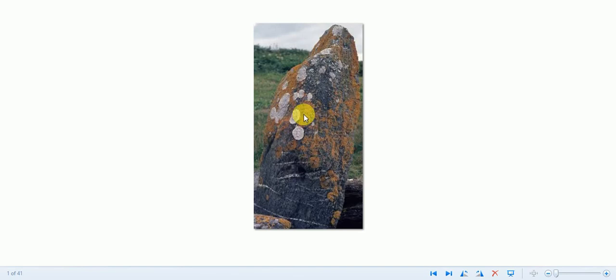These algae and mosses release some kind of acids, and this acid will attack the rock, leading to chemical changes in the rock. Because of that chemical reaction, this rock also may break down into grains.